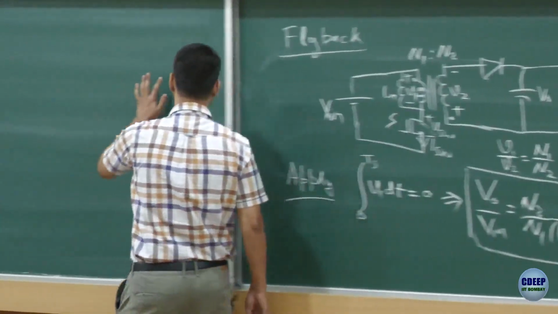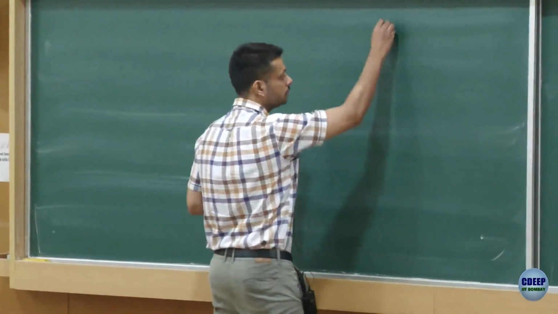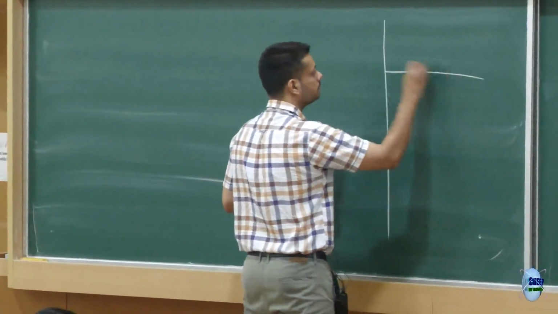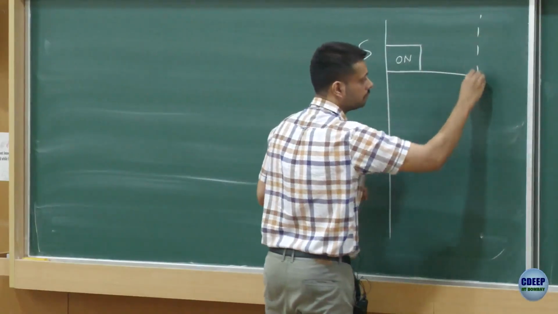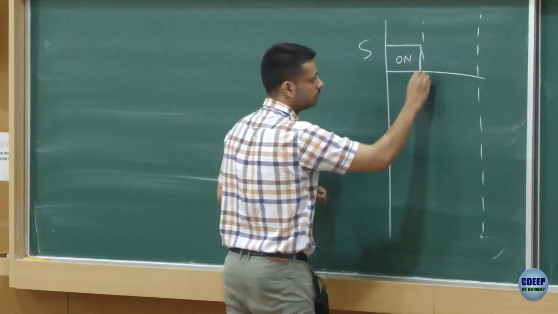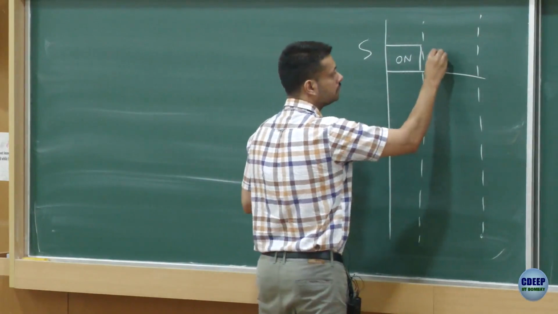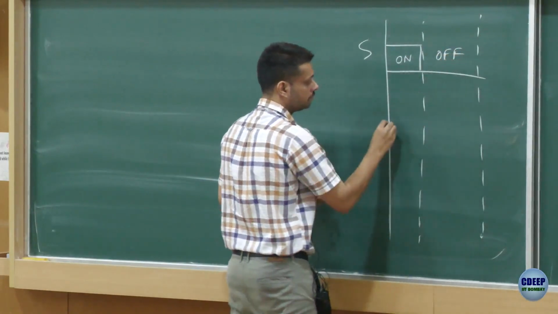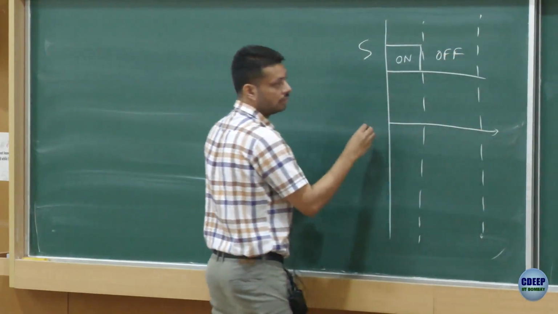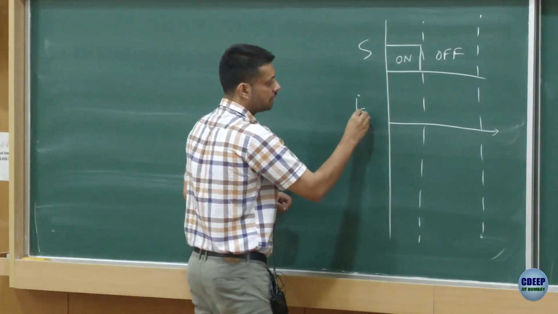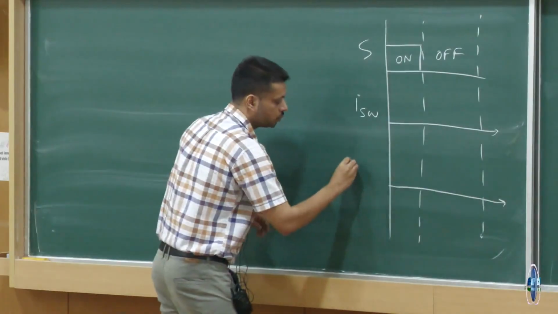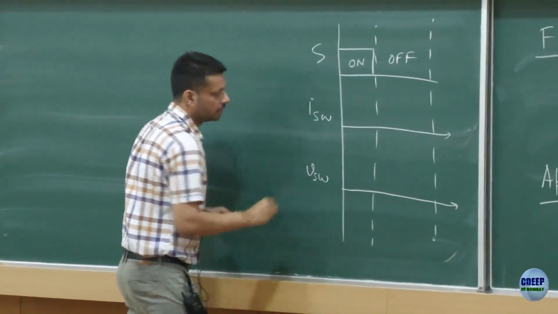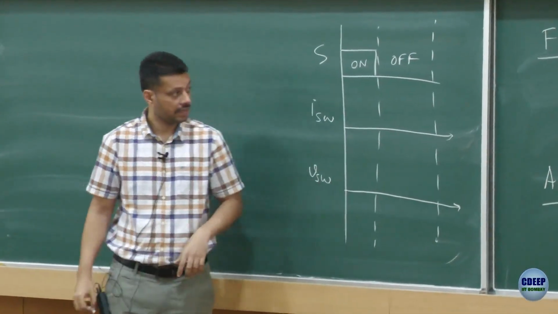I can draw it on this side then, probably. So we need to draw the switch current and the switch voltage. So how would the switch current look?